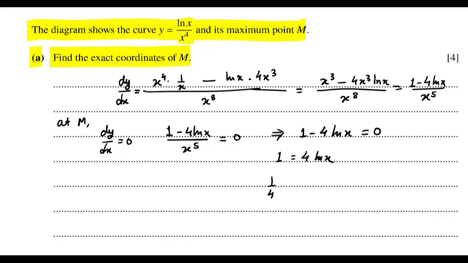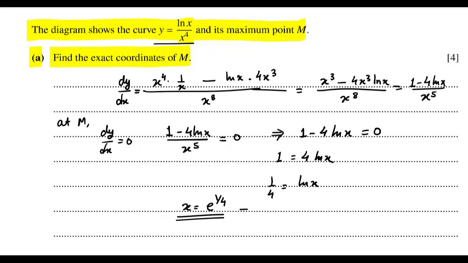So 1 by 4 equals ln x, or we can say x is e to the power 1 by 4. And that's the exact x coordinate of M. And for the y coordinate, we are just going to substitute this x value here.